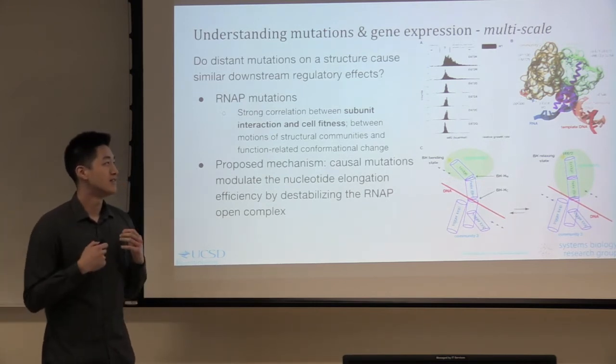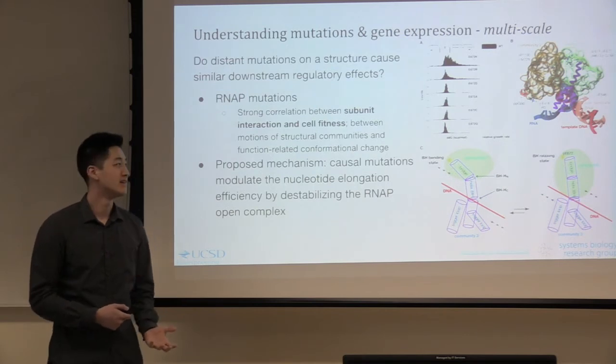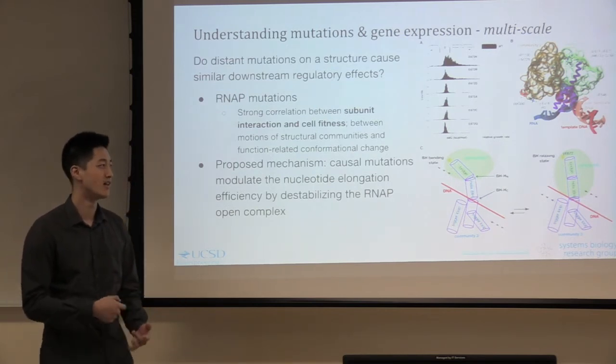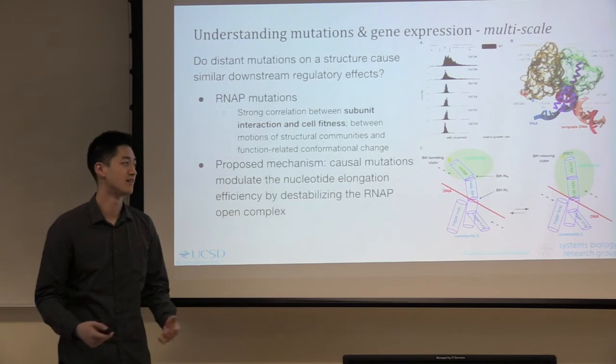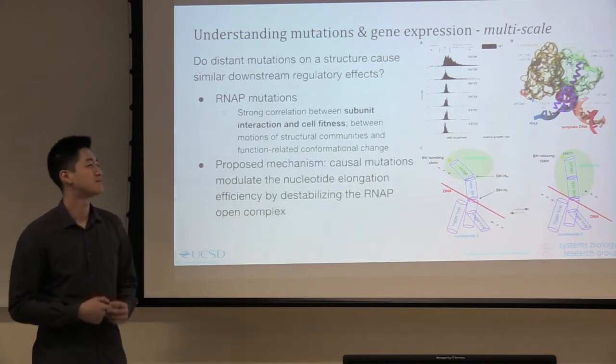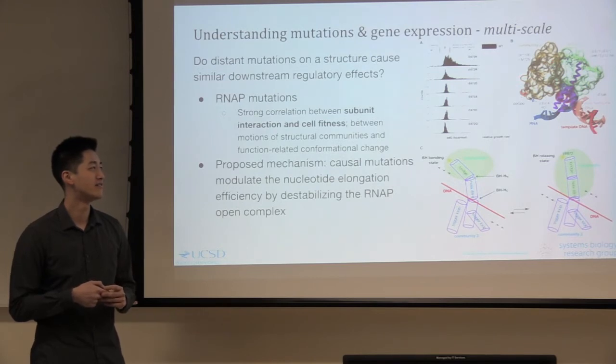So one enzyme that gets mutated a lot is RNA polymerase because it's involved in a lot of regulatory processes in your cell. And these mutations often occur at different parts of RNA polymerase. So they may be far apart, they may be on one side or the other side.